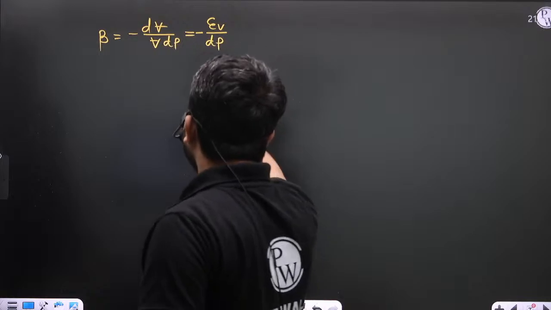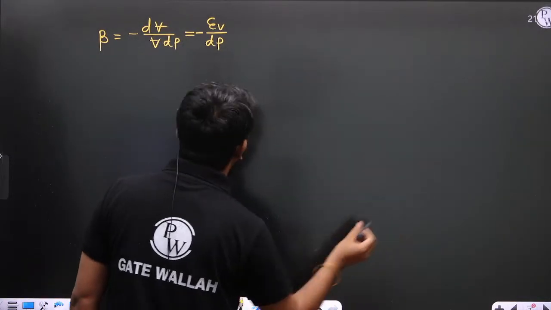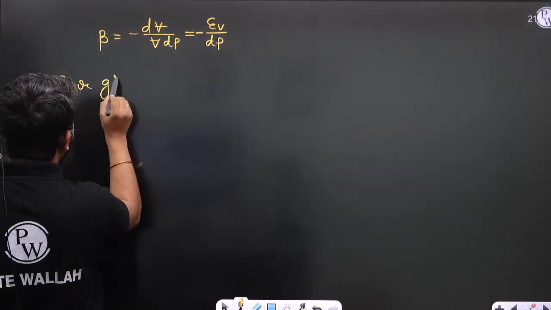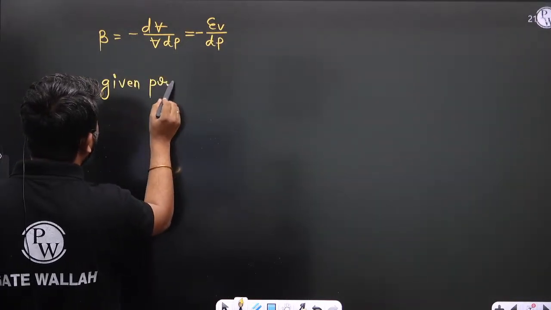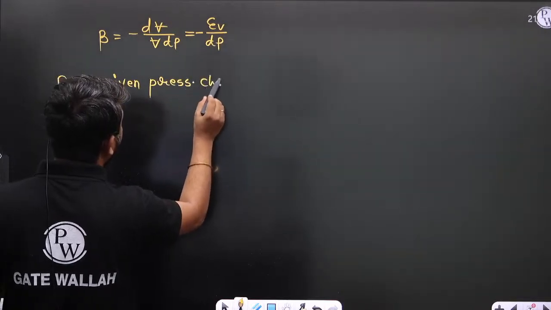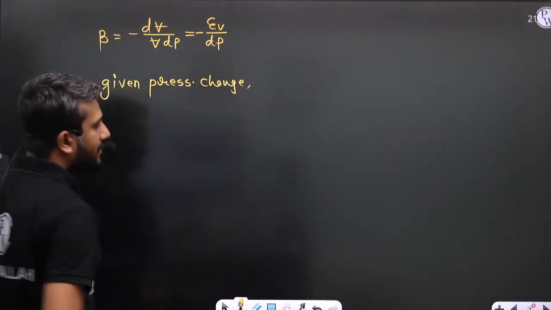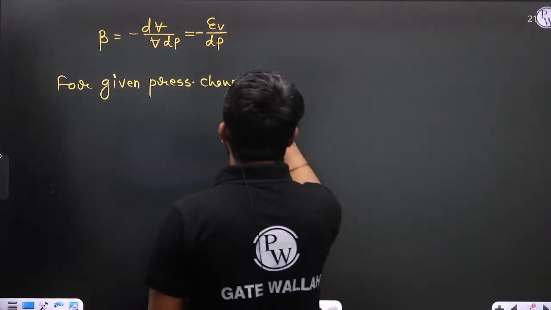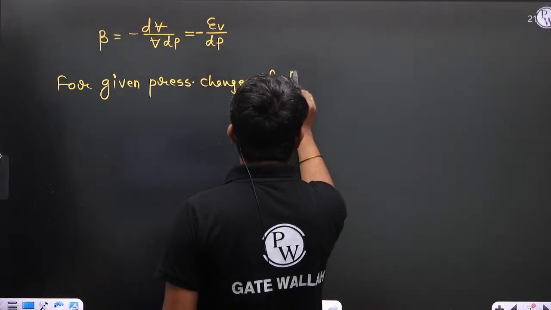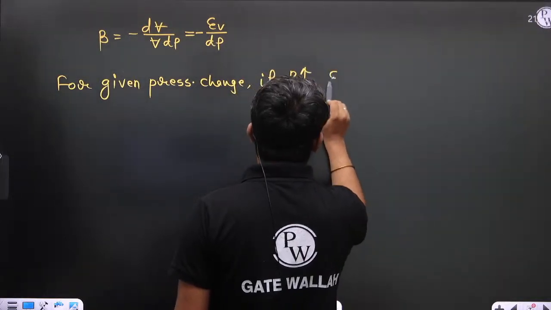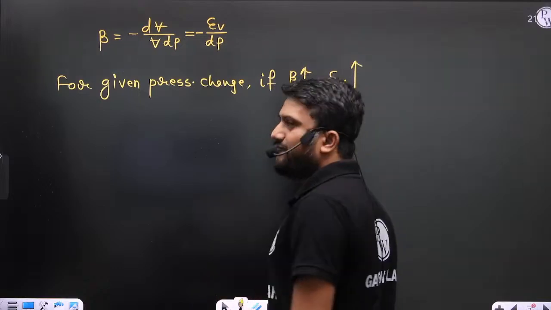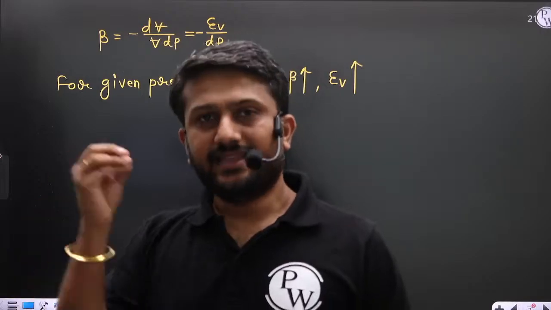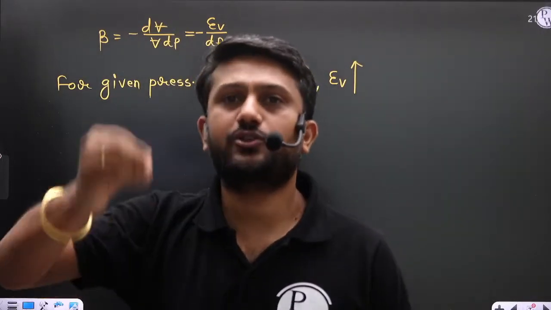So beta, if you see here, for a given pressure change, for given dP, if beta, that means the coefficient of compressibility, is more, then volumetric strain is more. And volumetric strain is more, that means change in volume is more. And change in volume is more, that means the fluid is easy to compress.